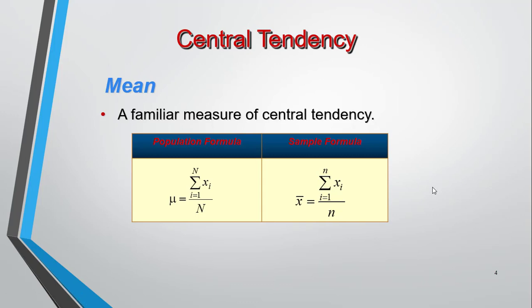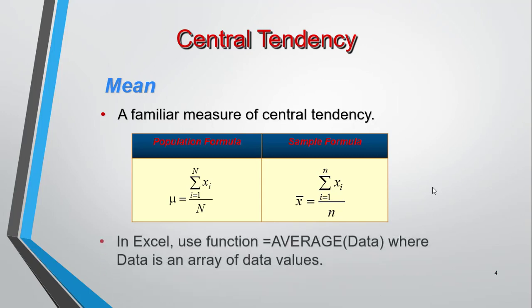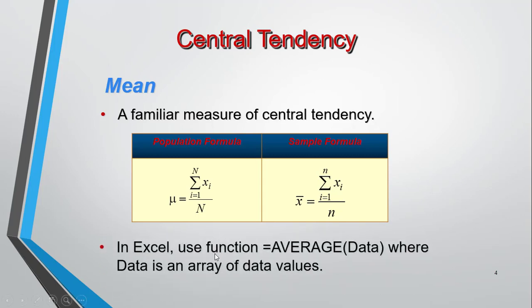For example, we can calculate the mean of your course grade or test grade, the mean salary of everyone in the company, or the mean income of everyone in the United States. In Excel, we can use the function =AVERAGE.